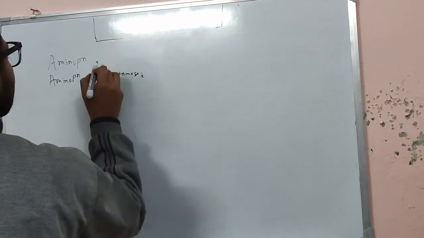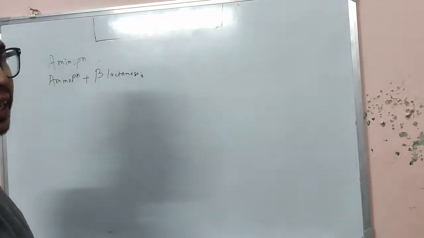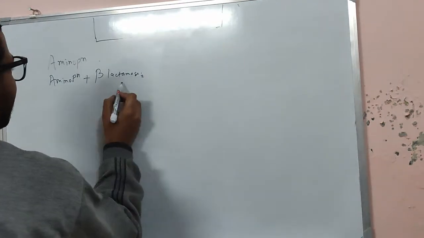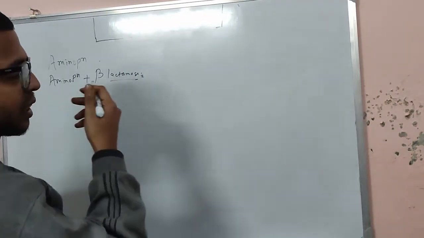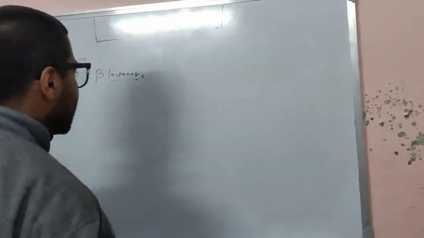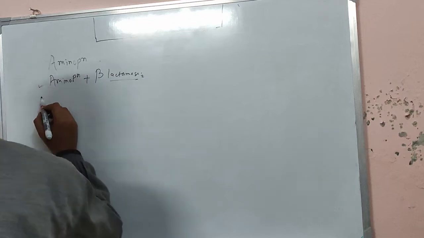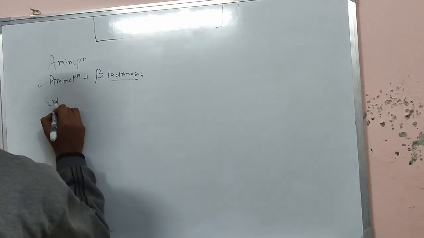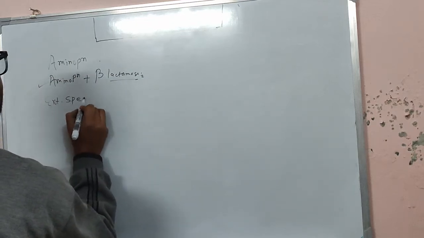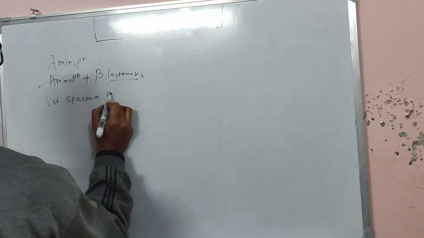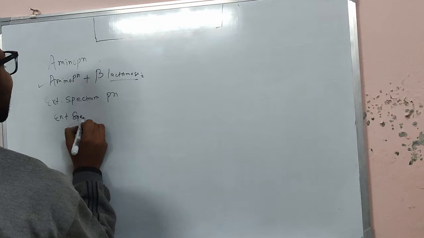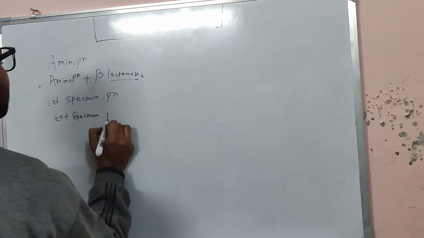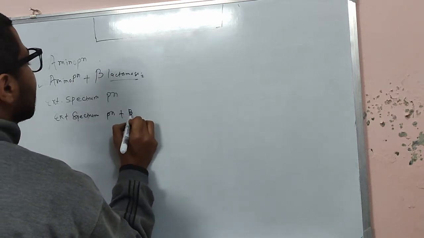You very well know the examples: aminopenicillins like ampicillin, amoxicillin, and a beta-lactamase inhibitor is clavulanic acid. So amoxicillin plus clavulanic acid, ampicillin plus sulbactam are aminopenicillin plus beta-lactamase inhibitors, and then extended spectrum penicillin. Extended spectrum penicillin includes piperacillin, and when we combine this with a beta-lactamase inhibitor like tazobactam, it becomes piperacillin tazobactam. Okay.